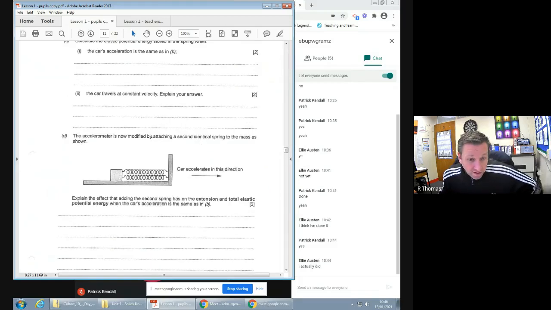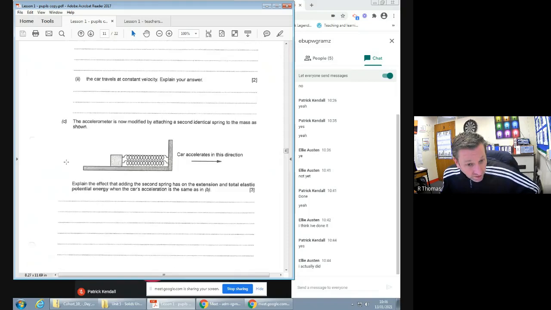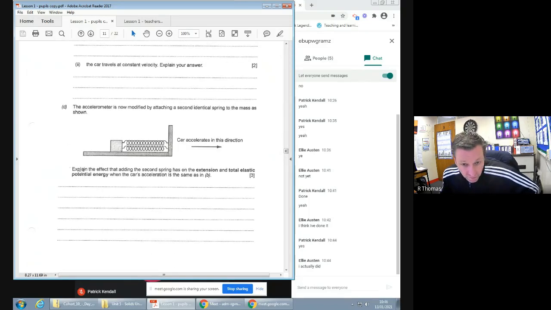And then finally, the accelerometer is now modified by attaching a second identical spring as shown. Now they're not stuck end to end, they're stuck next to each other. So if you remember what I spoke about 10 minutes ago, when they're next to each other, the extension will halve, right? Oops, I think I just gave you half the answer. So explain the effect that adding the second spring has on the extension.